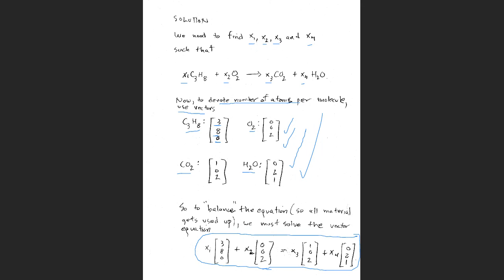So you've taken this problem of balancing a chemical equation and rewritten it as a linear algebra problem where you have to balance a vector equation. Are there any questions on the vector equation?